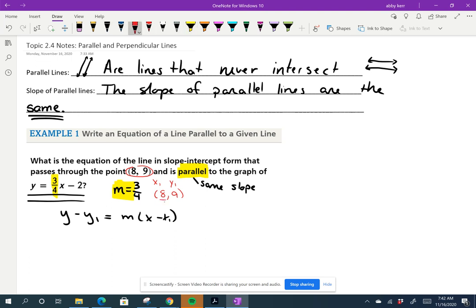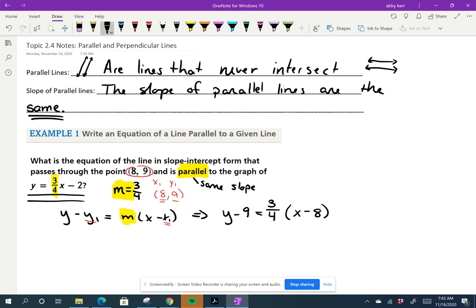Where our x1 will go into this location, our y1 will go into this location, and then we're just going to write the same slope that was given. So we have y minus 9 equals the same slope that was given in the first line, parentheses x minus 8.